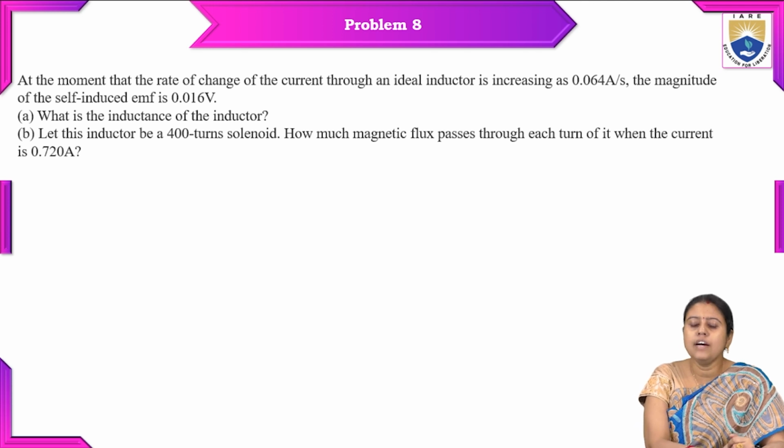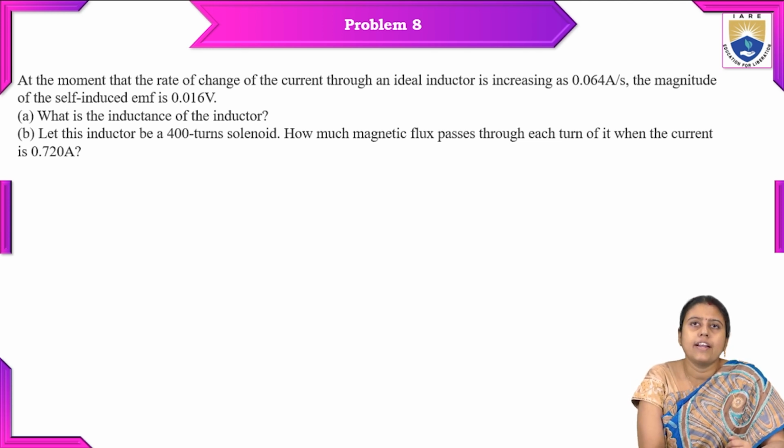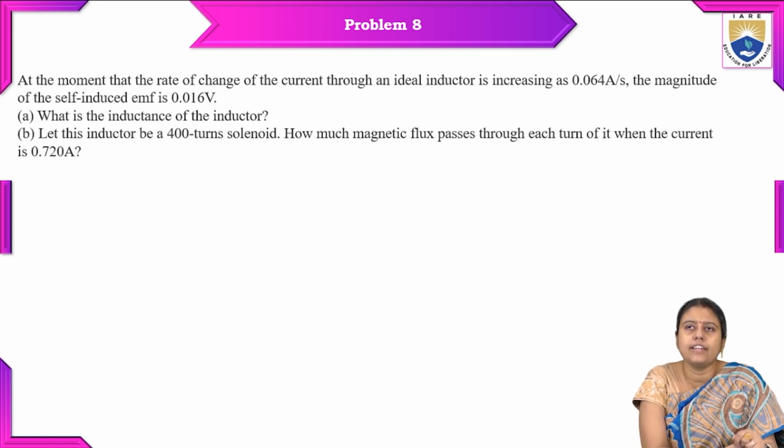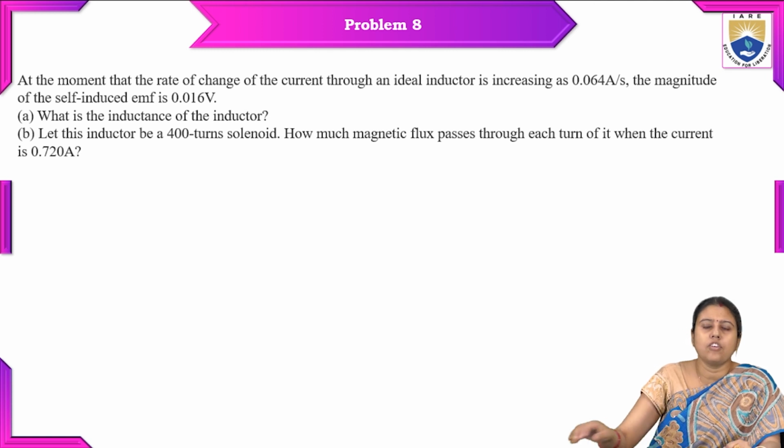We are moving to problem number 8. At the moment that the rate of change of current through an ideal inductor is increasing at a rate of 0.064 ampere per second, the magnitude of the self-induced EMF is 0.016. What is the inductance of the inductor?